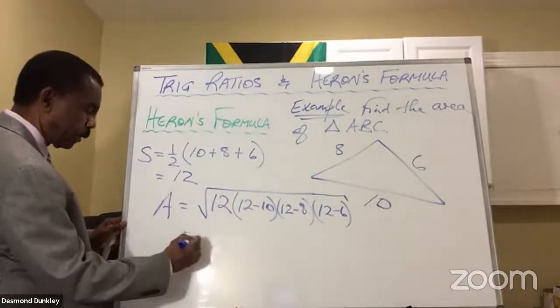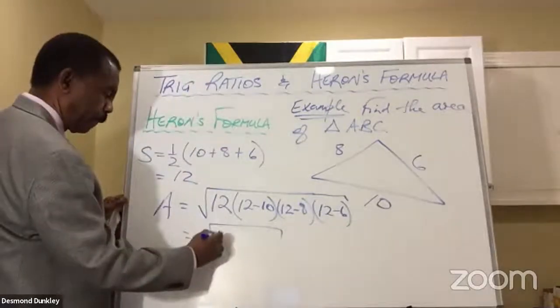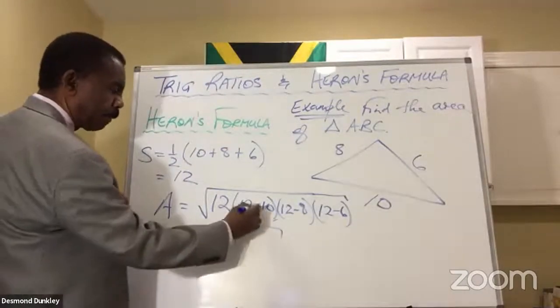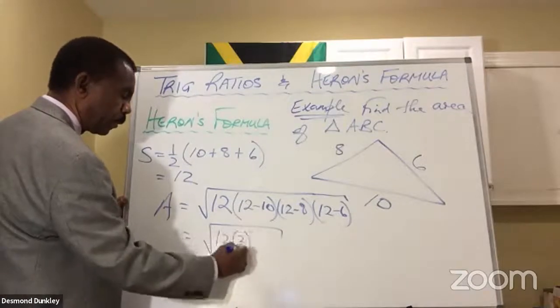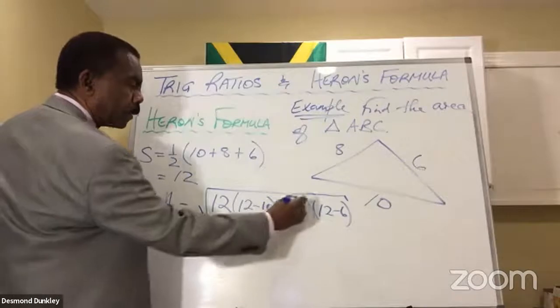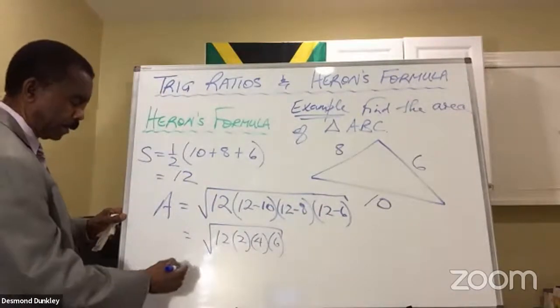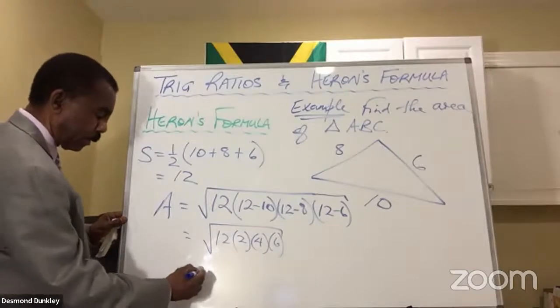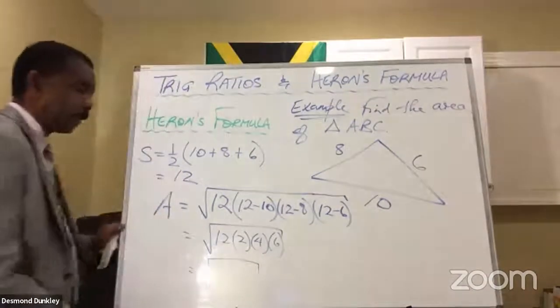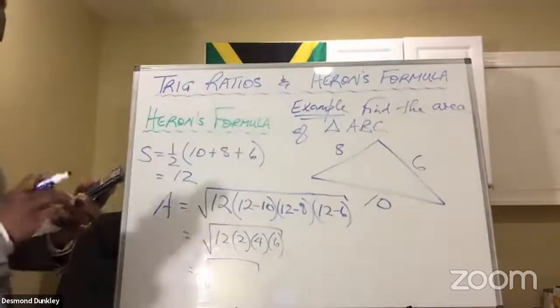That's going to be equal to, and again, it's patience. 12 times 12 minus 10 is 2. 12 minus 8 is 4. 12 minus 6 is 6. So that's going to be equal to the square root of, and you multiply these things together, what do we get?